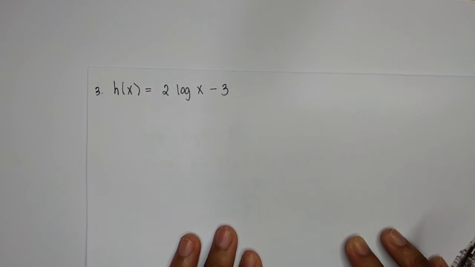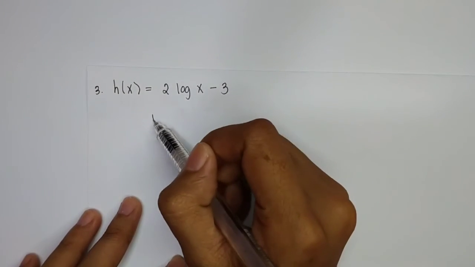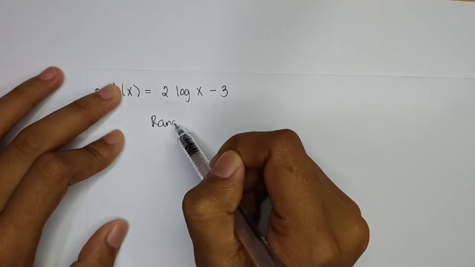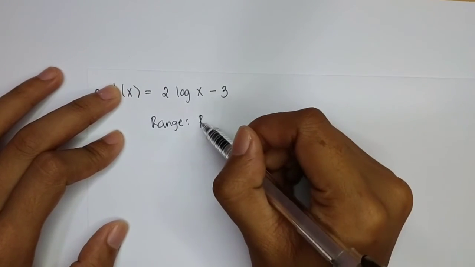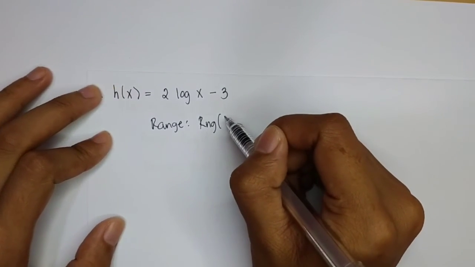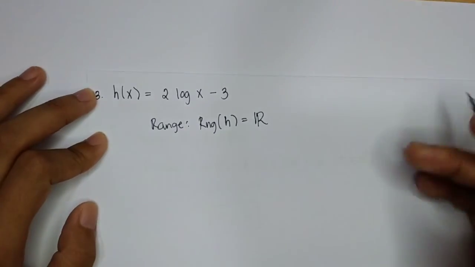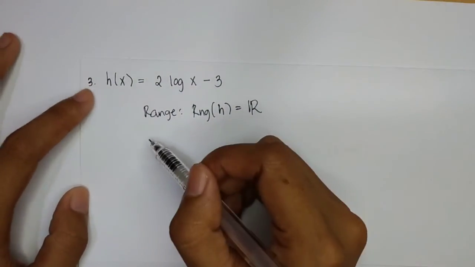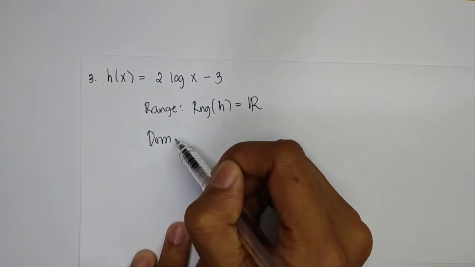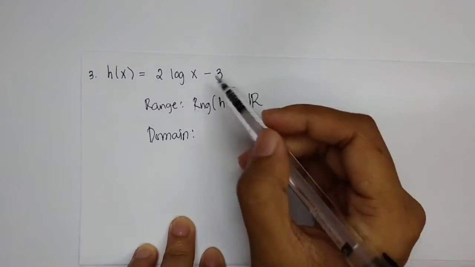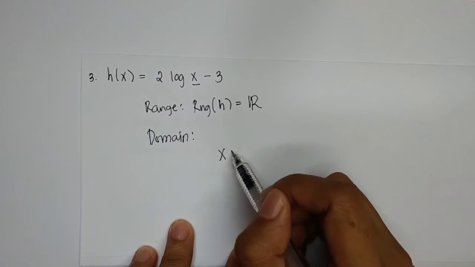Next, we have here our last example. We have here h of x is equal to 2 log x minus 3. So, we have here again our range, that is the set of all real numbers, the range of h. Then, we have here our domain. So, let's solve for our domain. We have here x, x lang siya, x greater than 0.